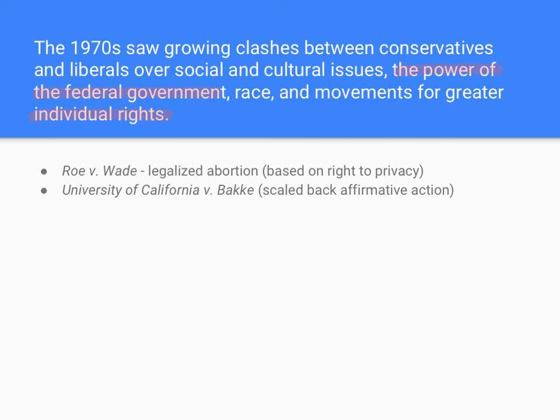On the other hand, the University of California versus Bakke scaled back affirmative action in colleges and universities. And affirmative action was policies where universities would have racial quotas for acceptance. They would set a quota, a certain number of students from every race that they wanted to admit, and many whites argued that this was reverse discrimination. Whites were being discriminated against in order to provide more opportunities for people of color.